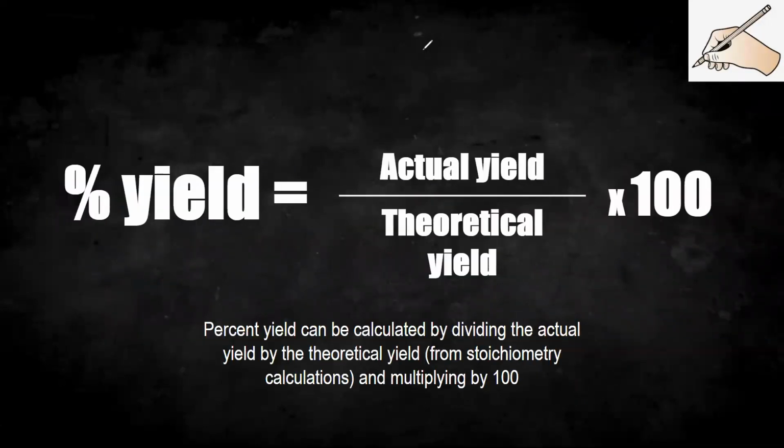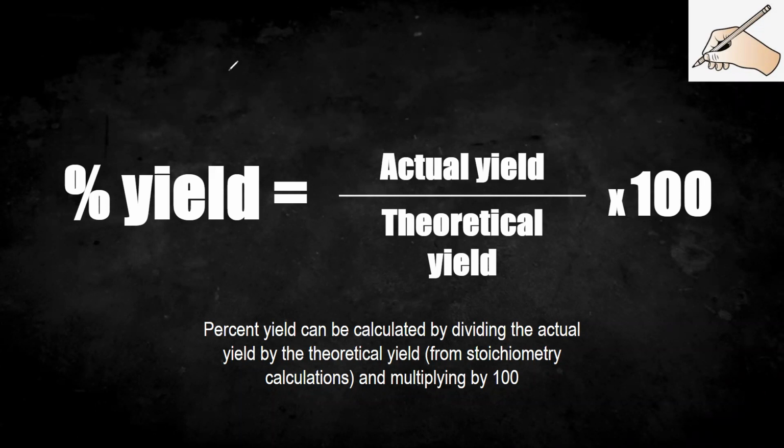So when we're trying to calculate the percent yield, we are essentially comparing our actual yield to our theoretical yield, and it gives us an actual number of how accurate our chemical reaction and experiment was.